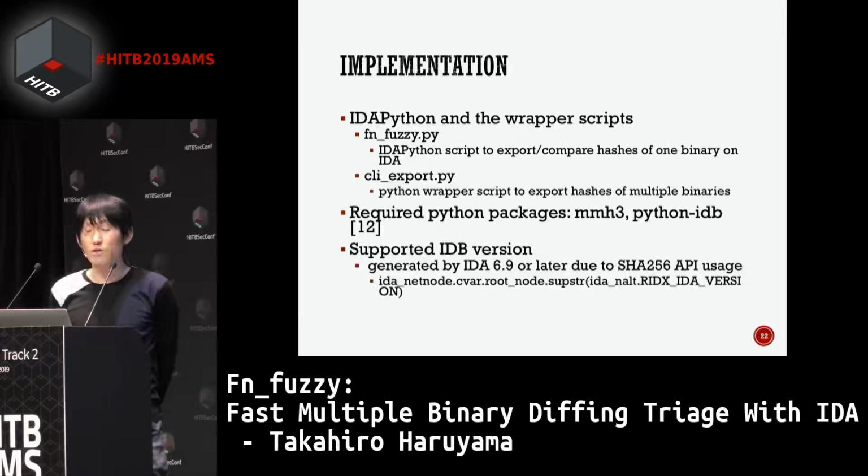FN Fuzzy requires two Python packages, mmh3 and python-idb. Please note, FN Fuzzy only supports IDBs generated by version 6.9 or later due to SHA-256 API usage. We can check the IDA version by running this Python command.